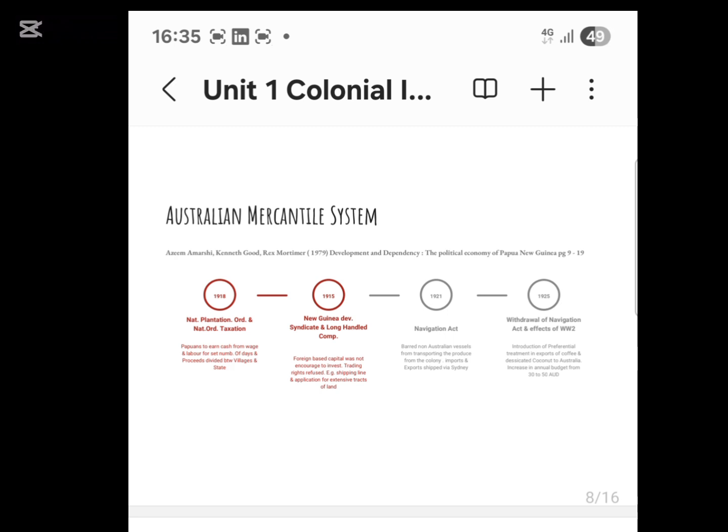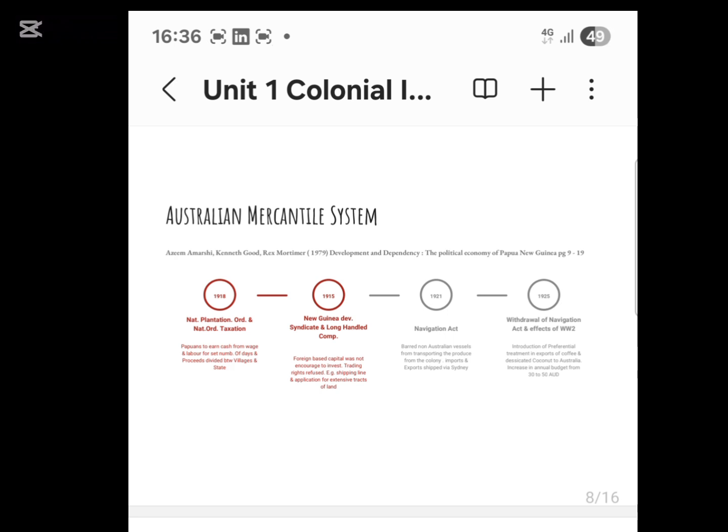Now that 1918 Native Plantation Ordinance Act was trying to make the territories self-sufficient, because back in those days, our village people were so confined with their traditional obligations that there was no need for them to come out and earn a paycheck. Why would you earn a paycheck if you already have readily made food from the environment?